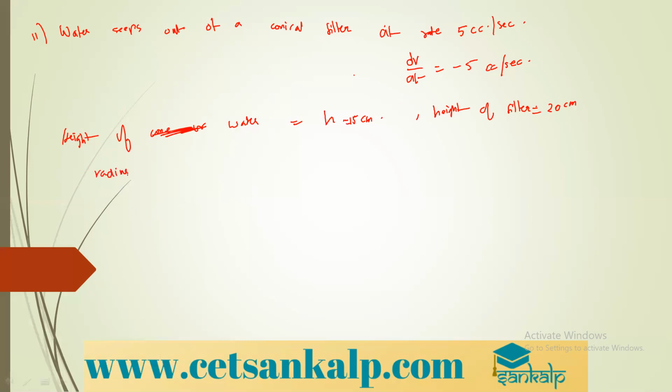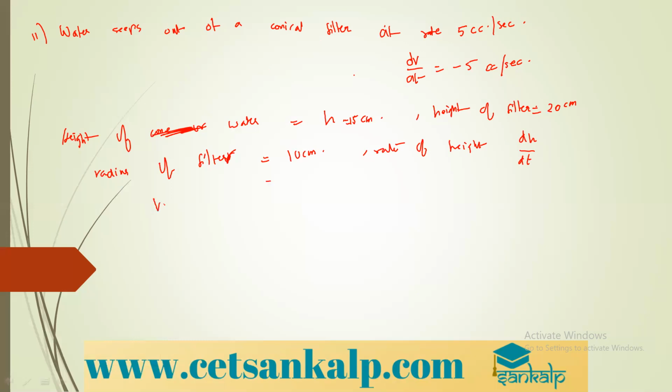And radius of filter, the base radius, is given as 10 centimeters. You have to find the rate of height, that is dh by dt. This you have to find.